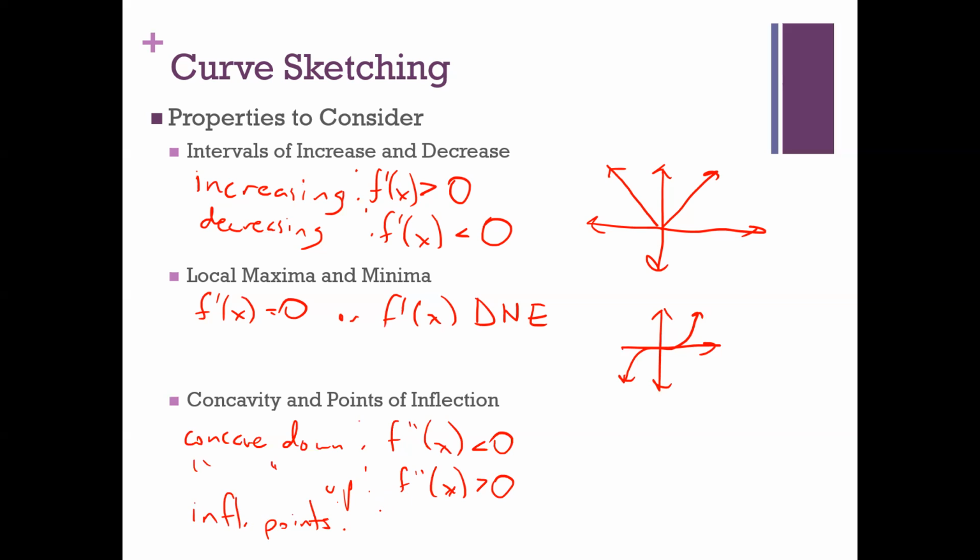Right. So one condition for that is f double prime of x has to be 0, and the concavity changes, because it is possible for the second derivative to be 0 somewhere, and on either side it's both positive or both negative.